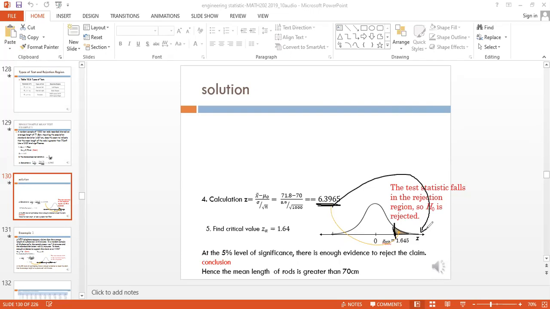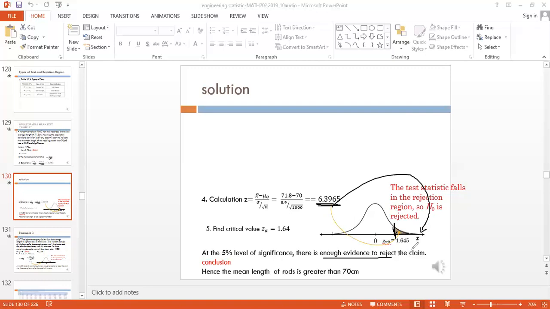But we know that the whole portion on the right side is the rejection region. So if this calculated value is lying in the rejection region, then it means that we have what? We have evidence to reject what? The claim or the null hypothesis.